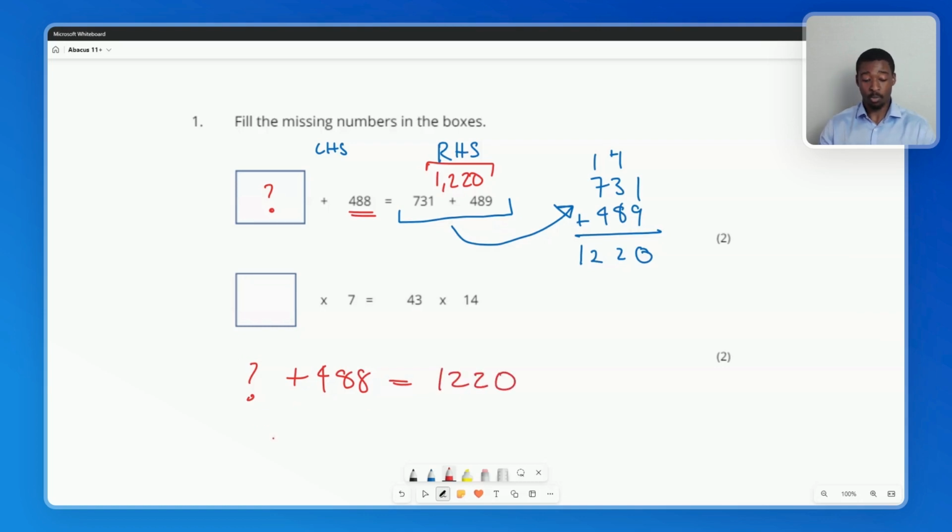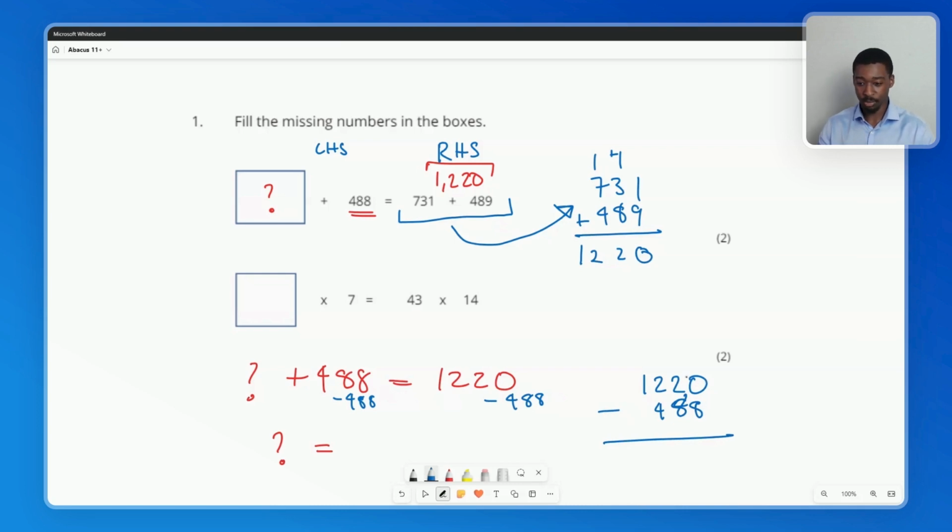So we want to end up with question mark equals something. We want question mark on its own. And to do that, we subtract 488 from both sides of the equation, the left-hand side and the right-hand side. So we take our 1220, we subtract 488.